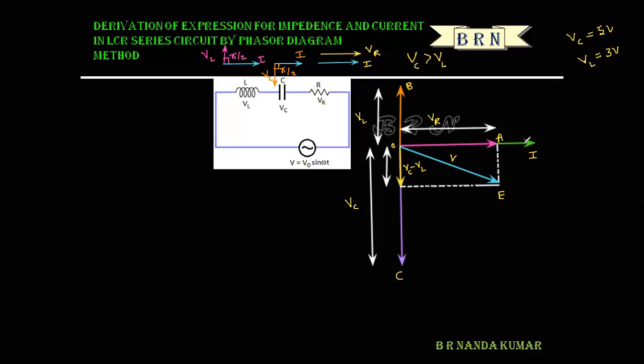I is the resultant current flowing through the LCR series circuit, and V is the resultant voltage across the LCR series circuit. So phi is the angle made by the resultant voltage and the resultant current.